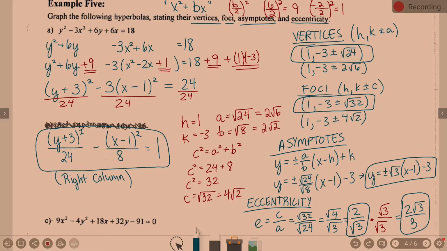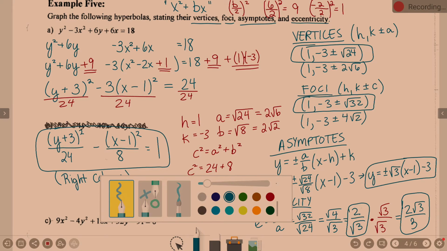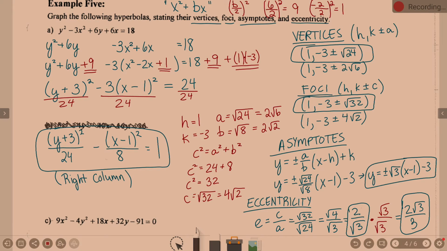Okay. If you haven't already written the homework down, now would be an awesome time to do that. I'm going to squeeze it in over here in case you need it. Page 609.